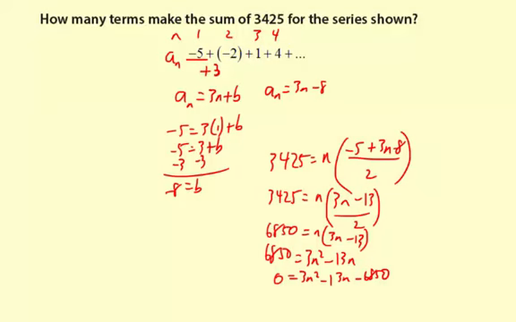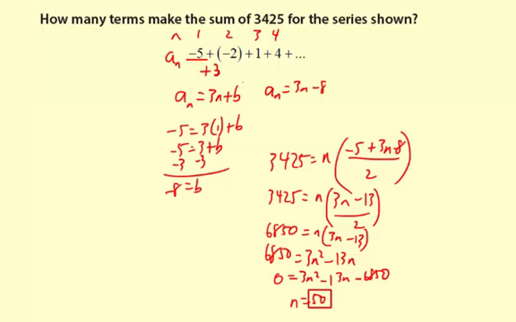Okay, so what that means is n equals 50, and there's also a negative number that works, but that doesn't apply to this situation because you can't have a negative number of terms. So for n equals 50, we're going to have a sum of 3425, and this equation of 0 equals 3n squared minus 13n minus 6850 is true. So that means there are 50 terms to make the sum of 3425.